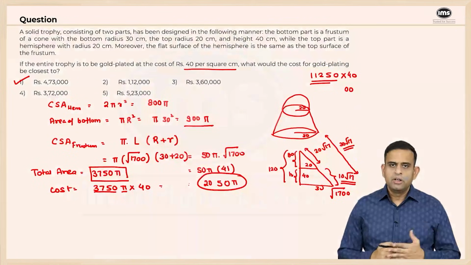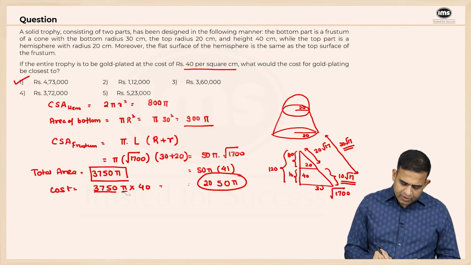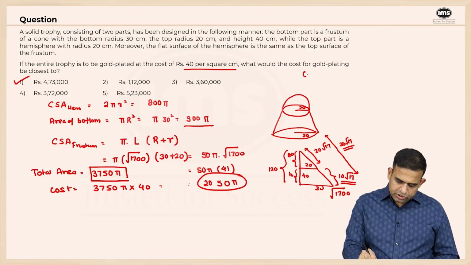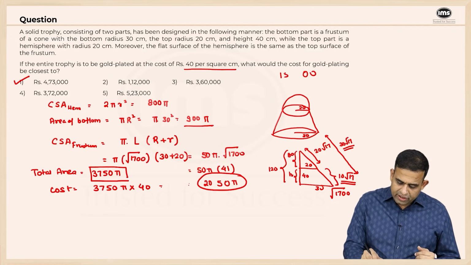If I show some further calculation, suppose this part 3750 into 40 pi, this basically will become equal to 20 in the end. 375 into 4 simply becomes 15,000.